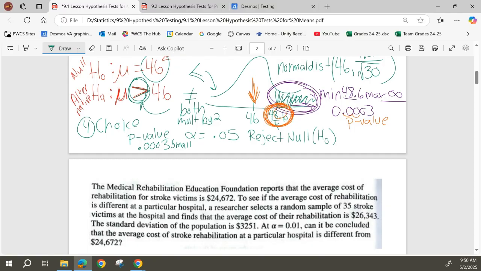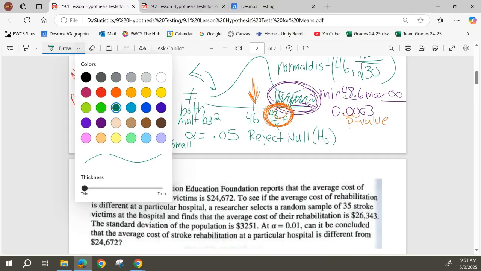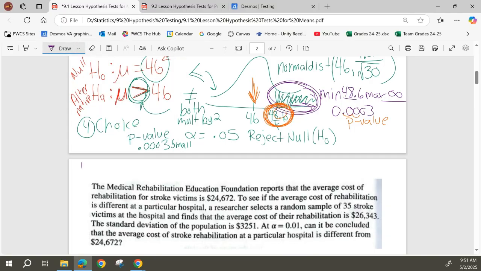We have good evidence here to show that the average age of the doctors at this hospital is greater than 46 years old, because it would be almost impossible to get 48.6 as the average age from my 30 doctors if the average age really was 46. So we're rejecting the null hypothesis, and this is what we would write at the end.